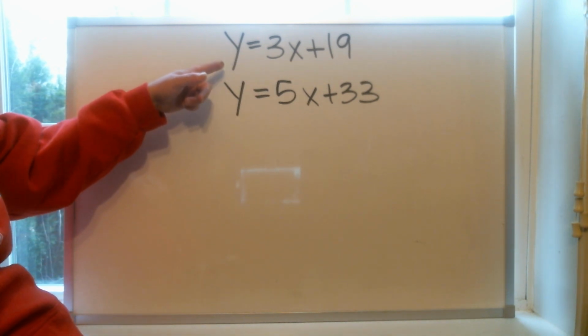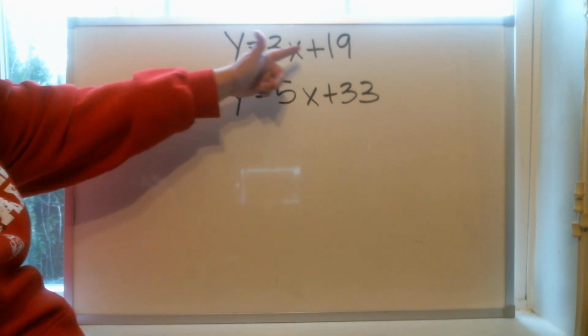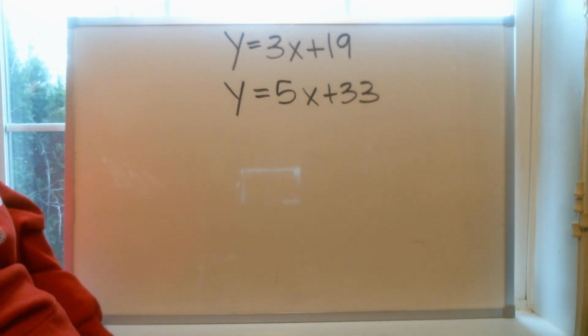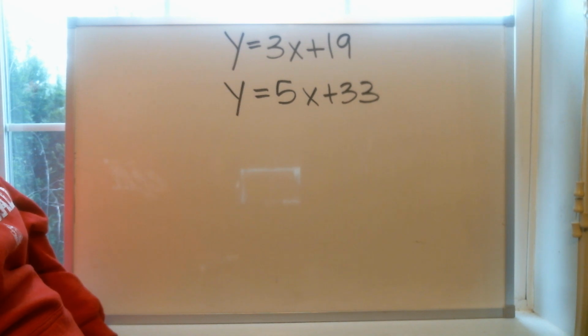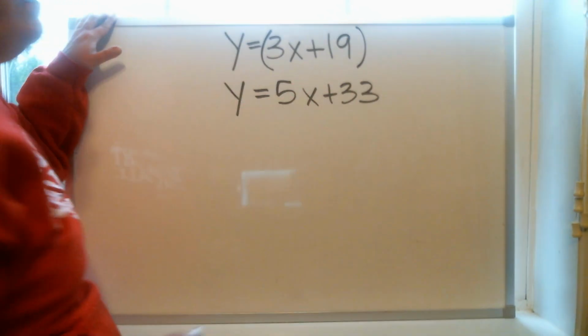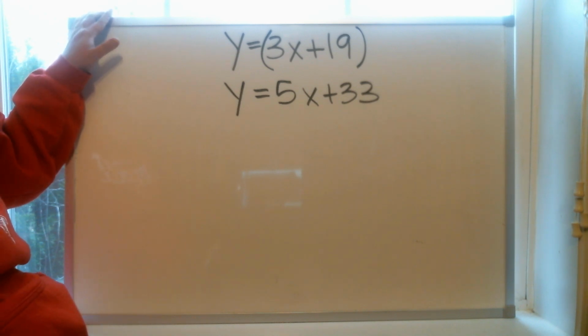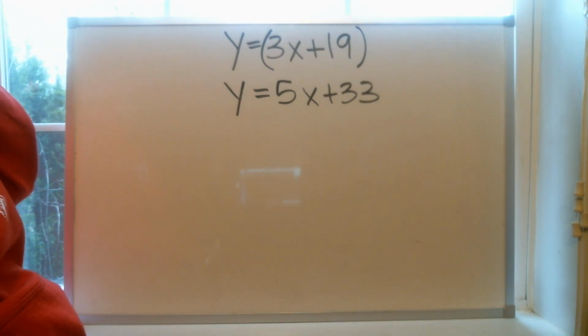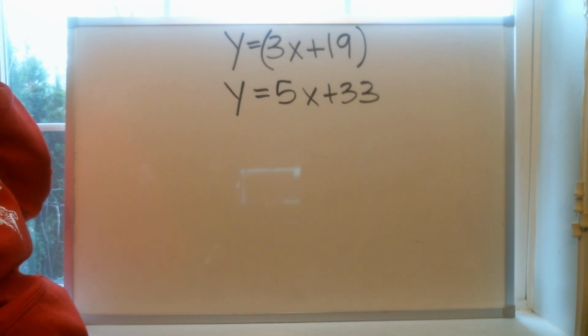If you look, they've already got y solved for us in both of the equations, so I can pick one. I'm just going to pick the first one because I like to pick the first one, and I'm going to put parentheses around 3x plus 19 because they're not telling us an actual number value for y, but they're telling us that y is 3x plus 19.